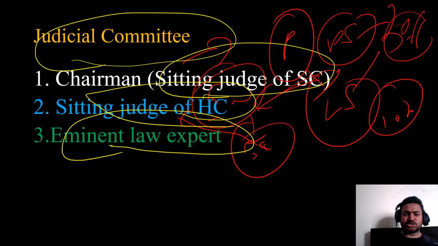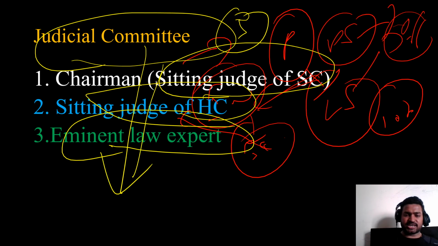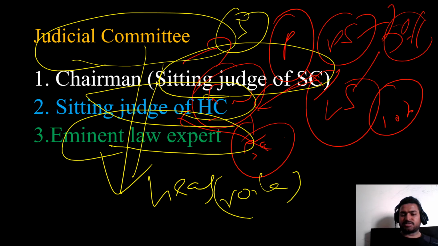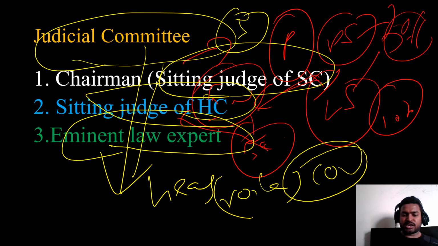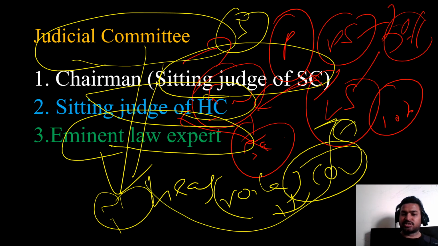This committee will examine the charges, and they will hear the concerned judge, and after thorough investigation, they will submit their report to the initiating house. For example, if it is initiated in the Lok Sabha, this committee will submit their report to the Speaker of Lok Sabha.